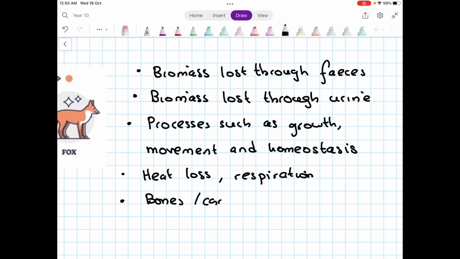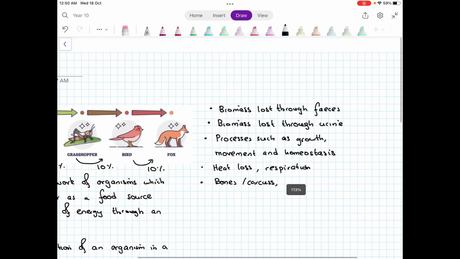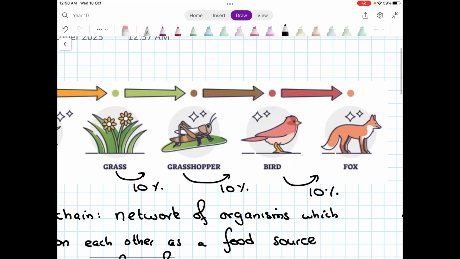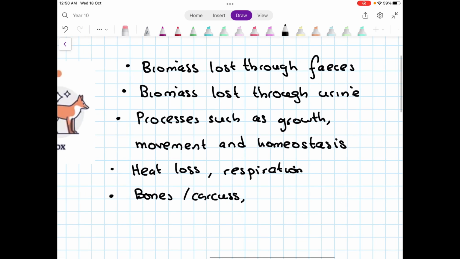And some parts of the organism just can't be digested. For example, bones of a carcass, or the indigestible cellulose in plants.